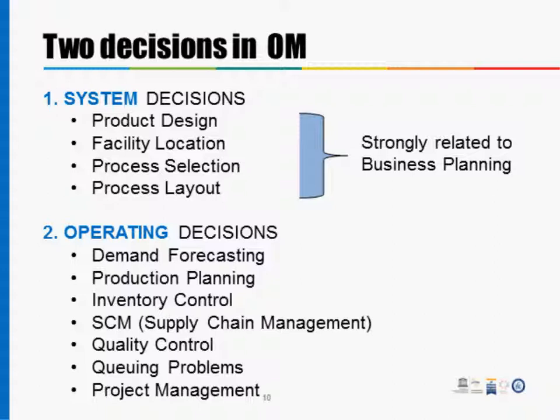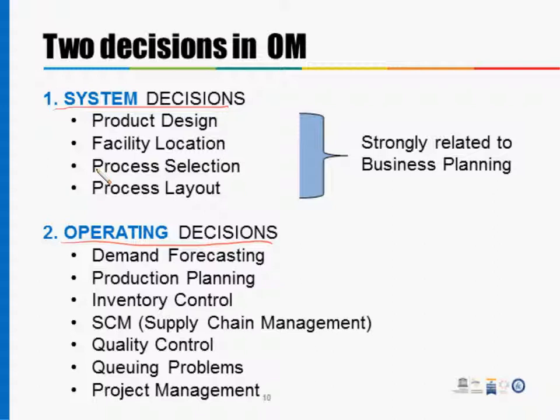When you talk about OM, we have two major problems. One is system decisions. The second one is operation decisions. System decisions mean you need to decide how to design your product, how to decide the location of your factory or service station, and what kind of process should be selected within the location.